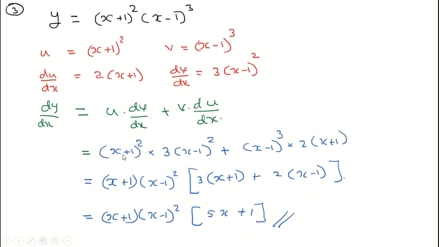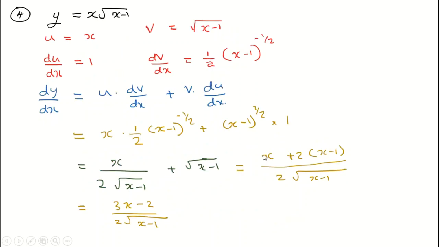Take that out. x plus 1 is here, x plus 1 squared is here, you take that out. So x plus 1 into x minus 1 squared, 3 times x plus 1 plus 2 times x minus 1. So when you simplify it, it's this. I think you can do this. I don't need to elaborate on that. We'll save the time.